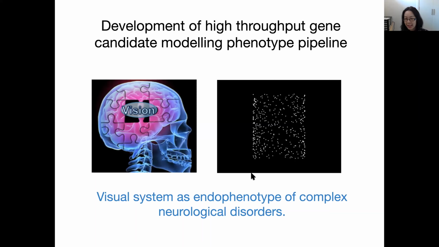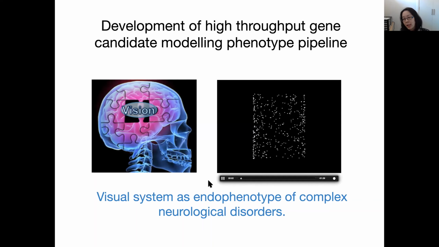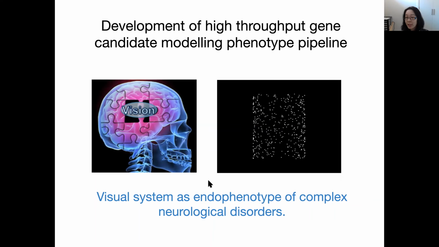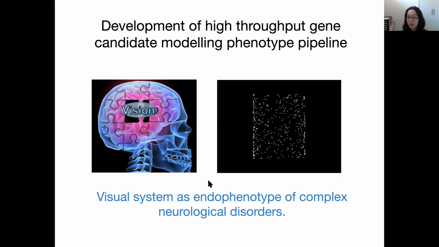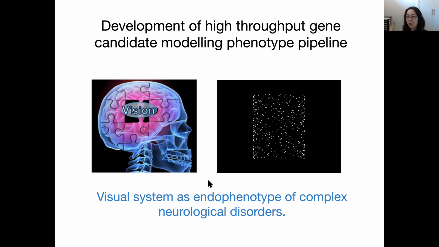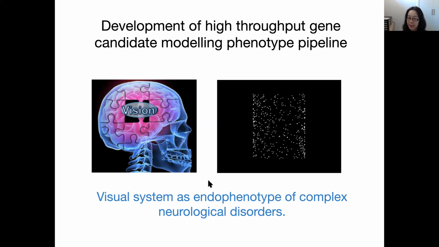To show that as an example, I've got here a visual stimulus. This is called a random dot motion stimulus. Hopefully most of you will be able to compute the motion of the individual dots to see a rotating drum, and it will change direction as well.